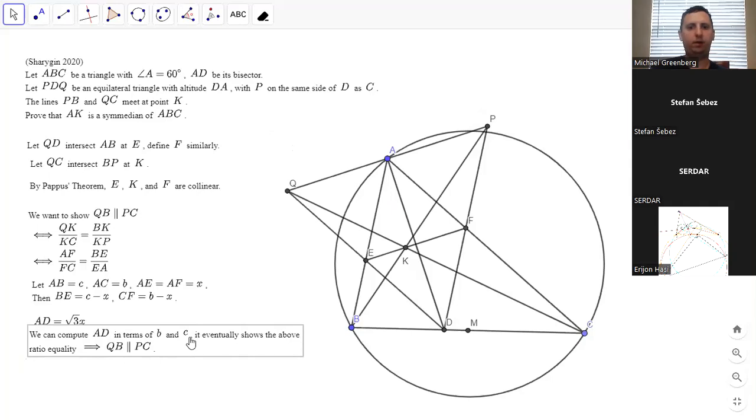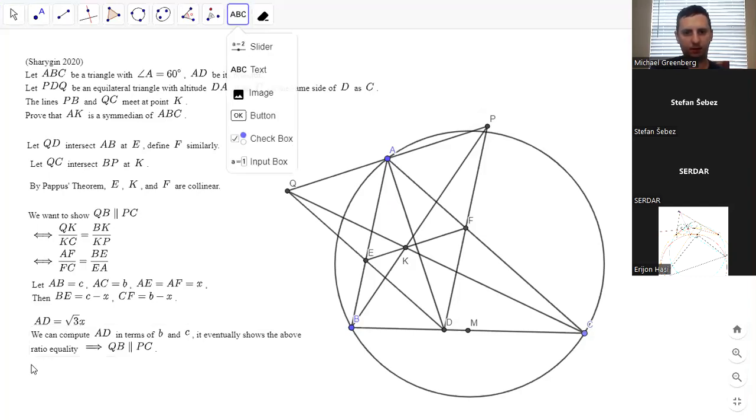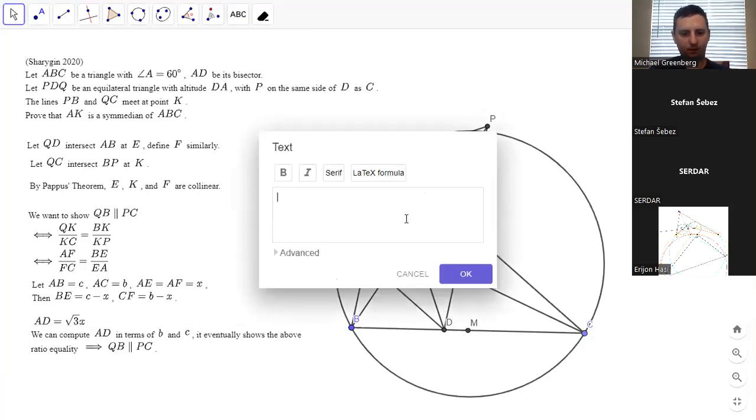By the isogonal line lemma on AQ, AB, AC, and AP, we get AK and AM are isogonal.